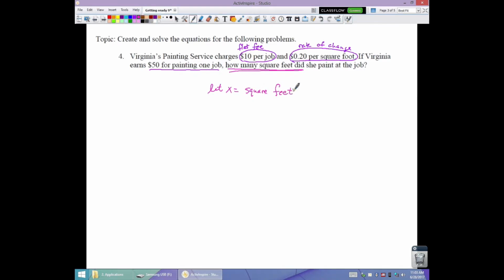Okay. Now how does she charge for her job? She charges $10 as a flat fee, plus, in addition to that, 20 cents for every square foot. So 20 cents times the number of square feet, and that came out to a total of $50 for this job.